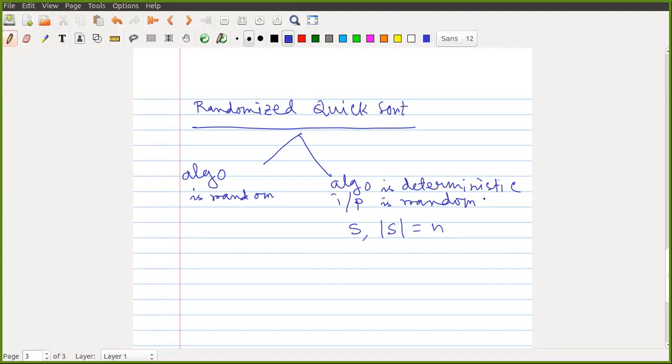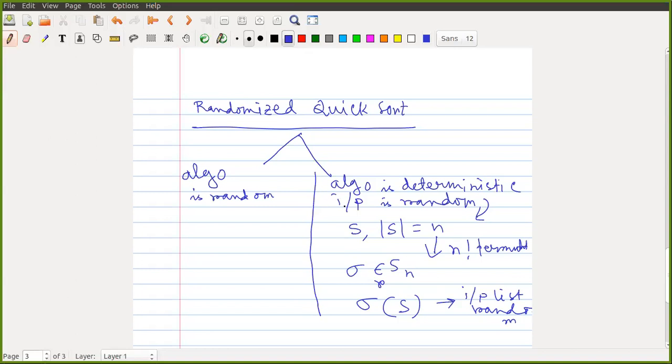How do we make this random? There are n factorial permutations here, right? You pick any permutation, some sigma belonging to the set of permutations, which will be Sn, randomly from this and apply that onto S, our list. In that case, the input will be random. So this is a case where the algorithm is deterministic, but the input is random.